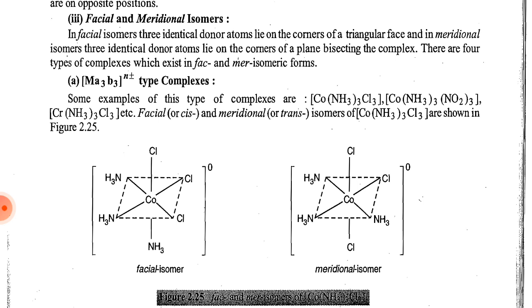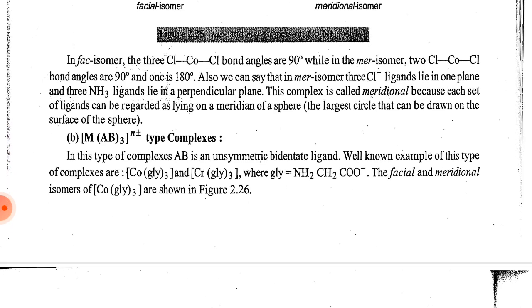In the facial, we know that the three same ligands will occupy the corner of a triangular face, and in meridional, the three same ligands will occupy the corner of a bisecting plane. So the FAC facial isomer is the cis form, and meridional is the trans isomer.